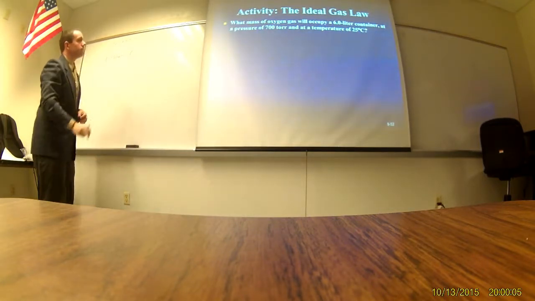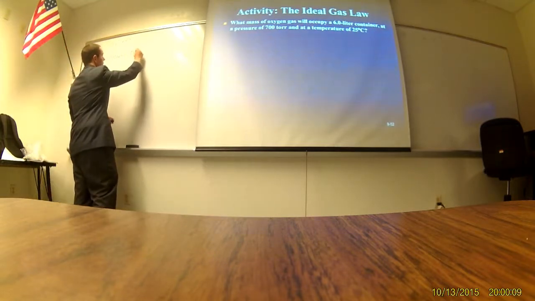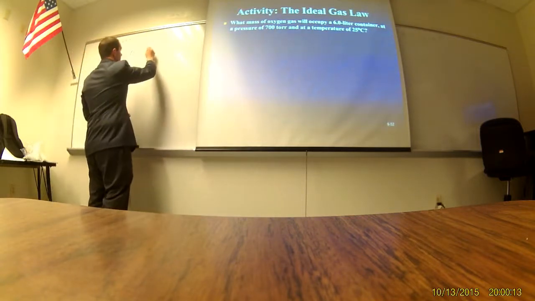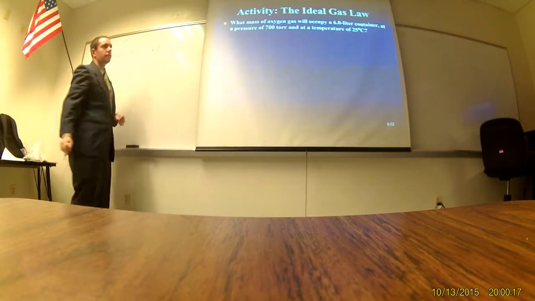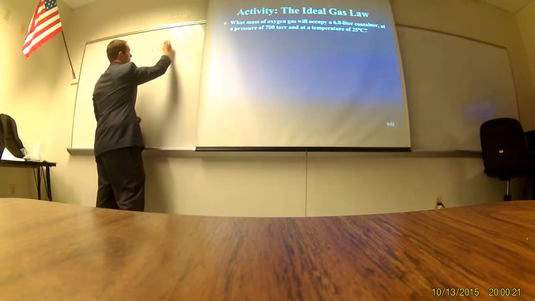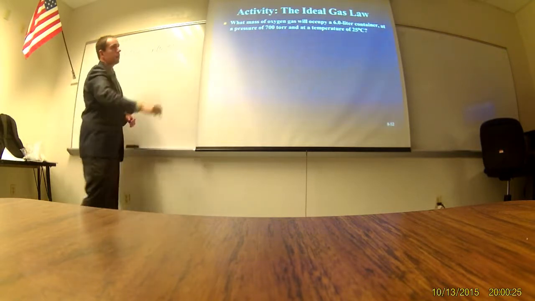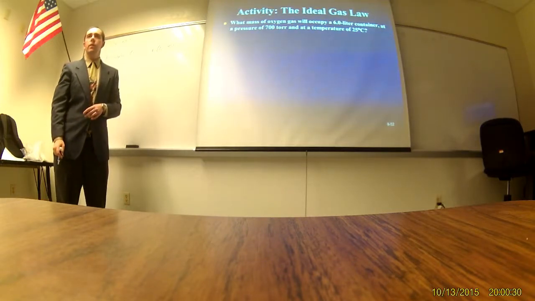What's my volume? 6.0 liters. Luckily that one's in the right unit already. Equals n, which is what we're trying to find. What is R? 0.0821. I'm not even going to bother putting the unit on it. PV equals nRT. What's my T?